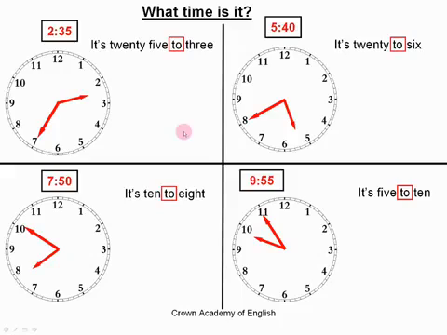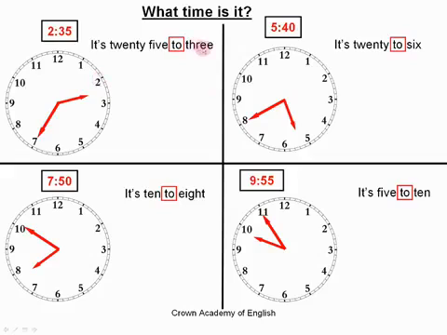And to, in this context, it means before. So what we are saying here is, it is 25 minutes before 3 o'clock. So we say the word to. It's 25 to 3. Because here, there is 25 minutes before 3 o'clock.